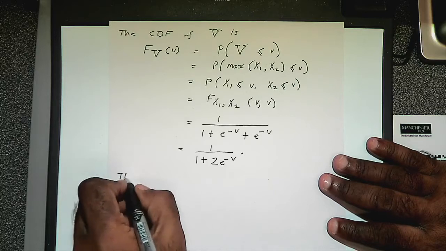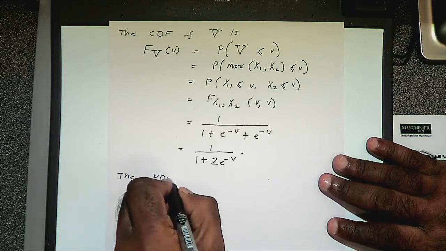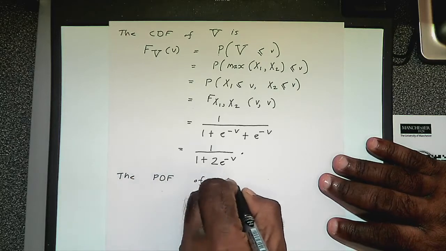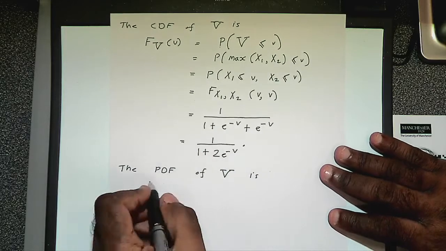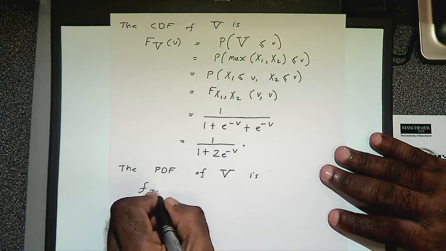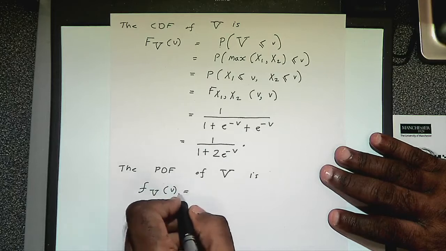And finally the PDF of V is just the derivative of this. So if you differentiate with respect to V, you will get 2.